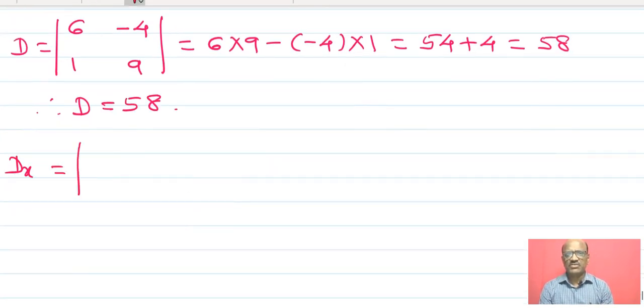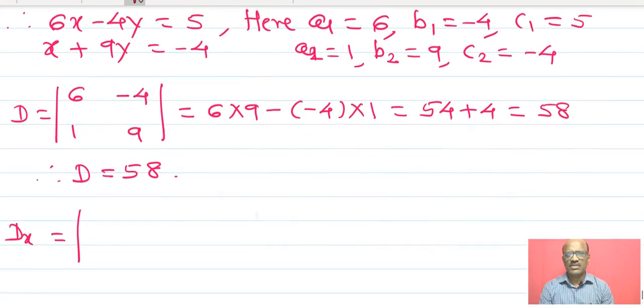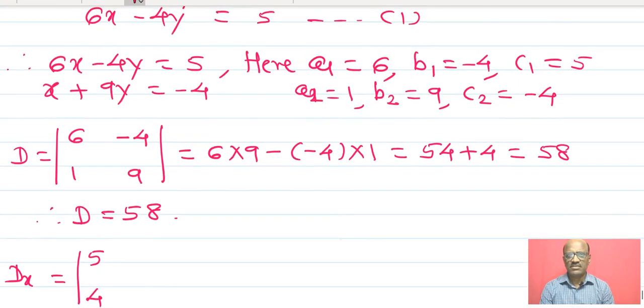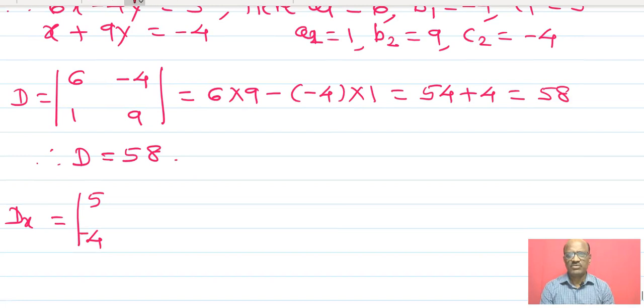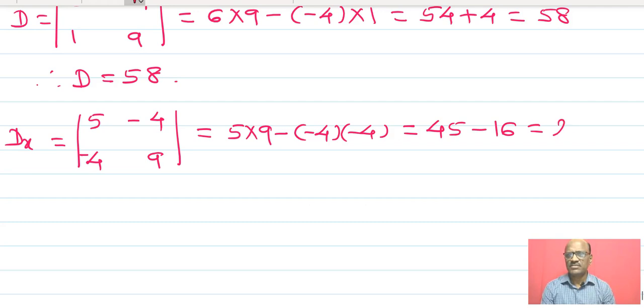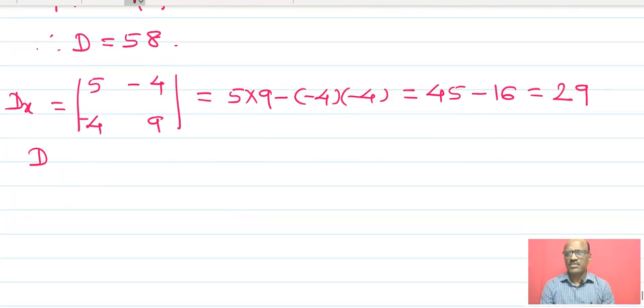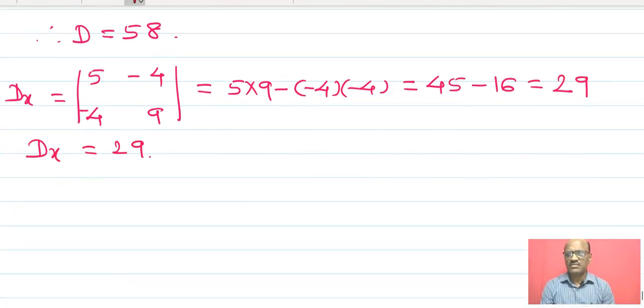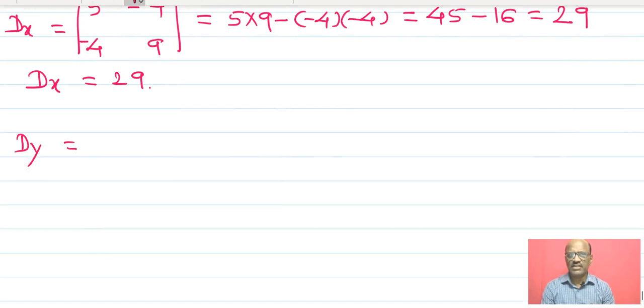Dx is equal to, that is, c1 b1 and c2 b2, that is 5, minus 4. Take the constants there. We take the constants there, minus 4 and 9 as it is. That is multiplication 5 into 9 minus minus 4 into minus 4, that is plus, and overall it is minus, that is 45 minus 16, that is 29.